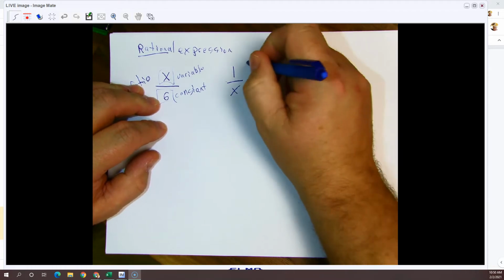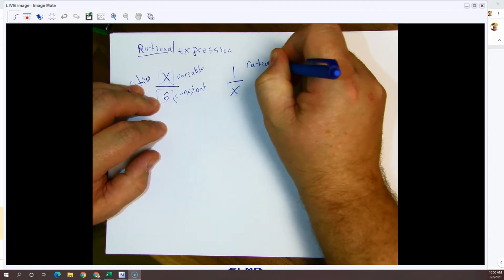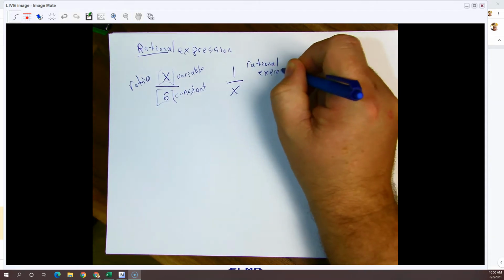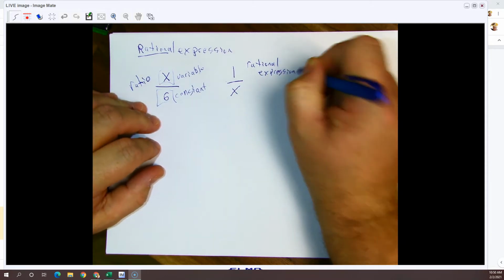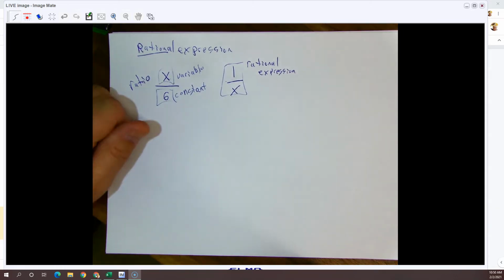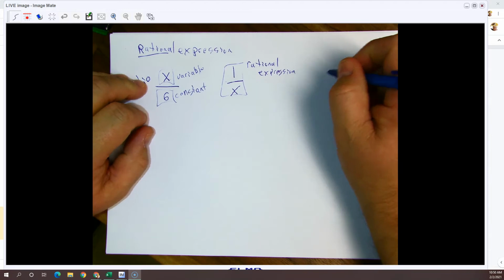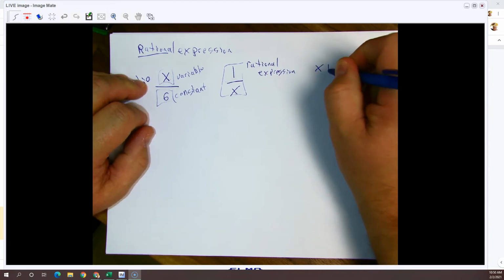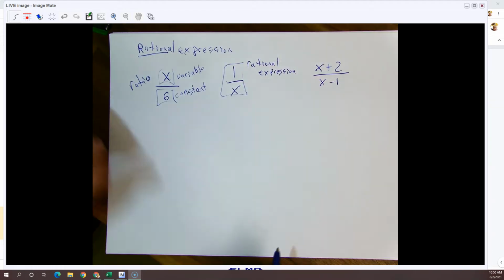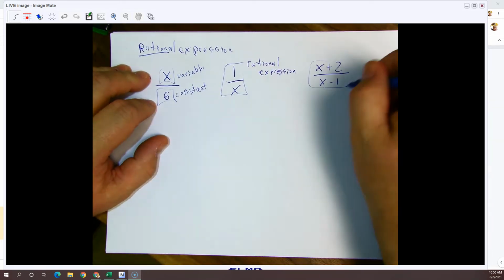So in this case, this is a rational expression, and again, it's an expression because there is no equal sign to it. This is our basic rational expression, 1 over x. But we can get something significantly more complex, like x plus 2 over x minus 1. That is also a rational expression.